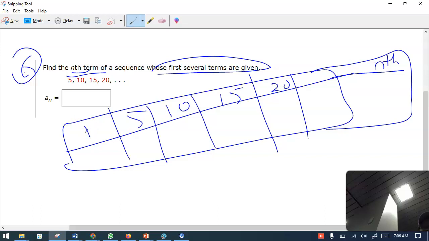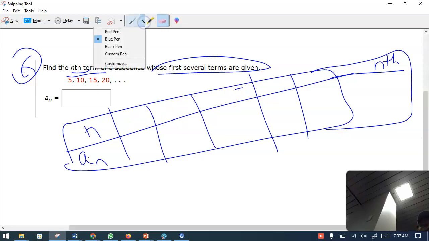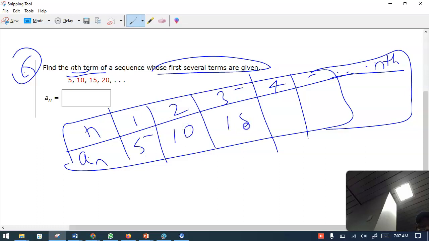So this is 1, this is n, and this is a n. So all we are supposed to do is find the nth term.